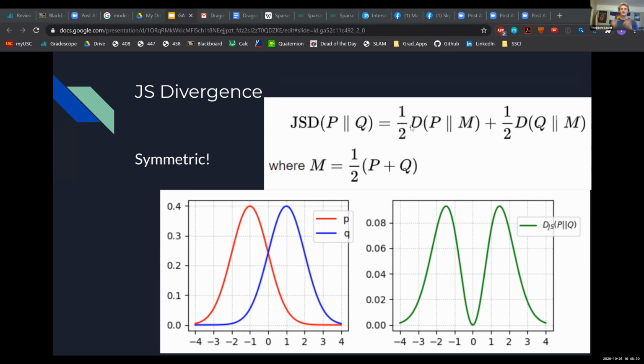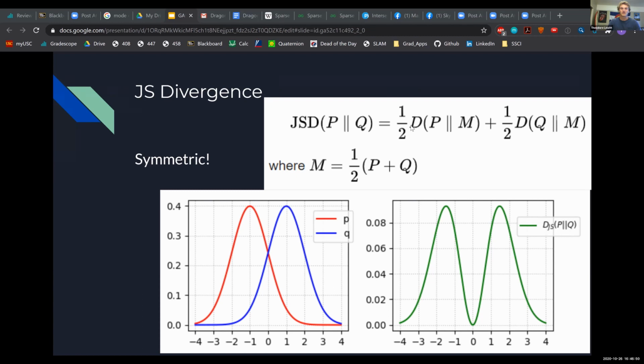Both of those pieces add up to be the difference between the two individual ones. But this has the added property that it's symmetric.